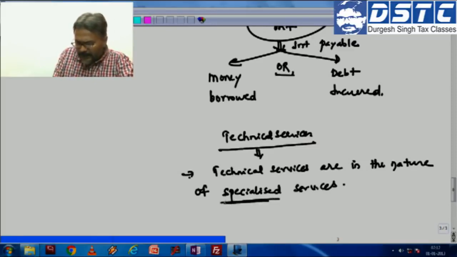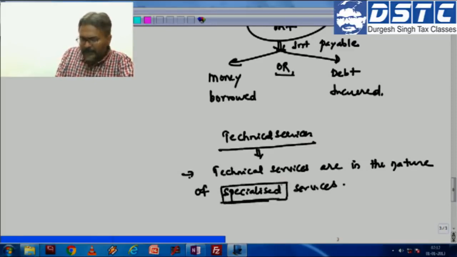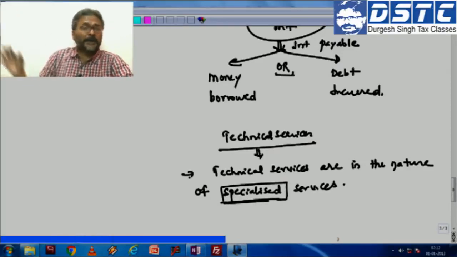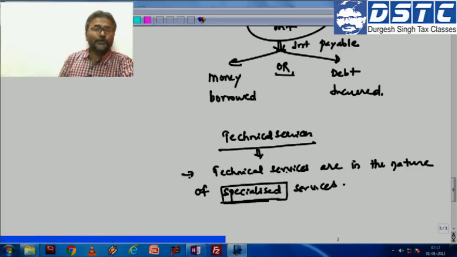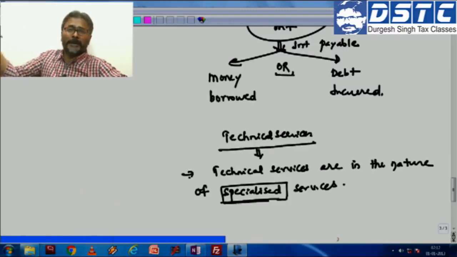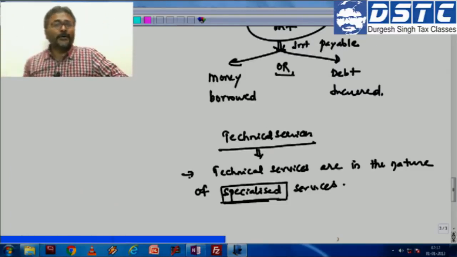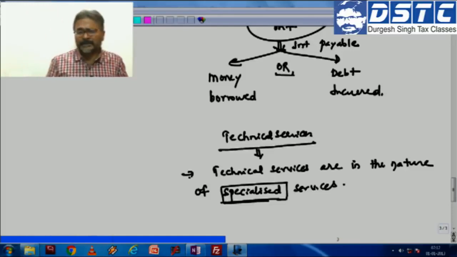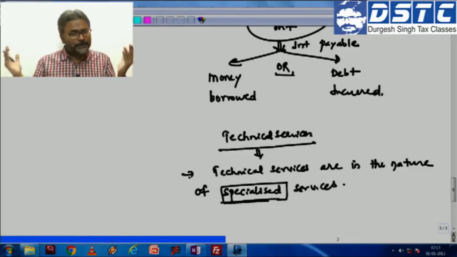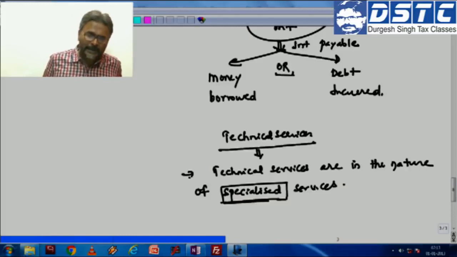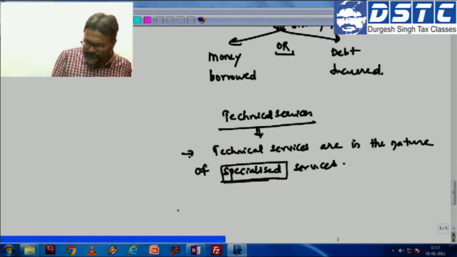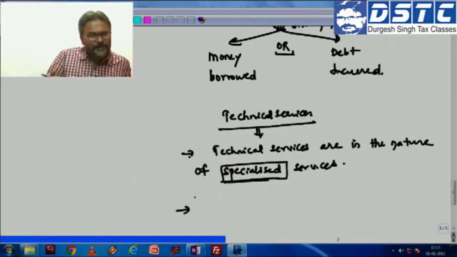So always keep in mind, specialized service where there is a human participation, meaning thereby there has to be some sort of human involvement to provide that service. So unless and until there is a human involvement to provide that service is established, the service cannot be considered to be a technical service. So these are the two standard statements that you can always make in your answer while you do your analysis.